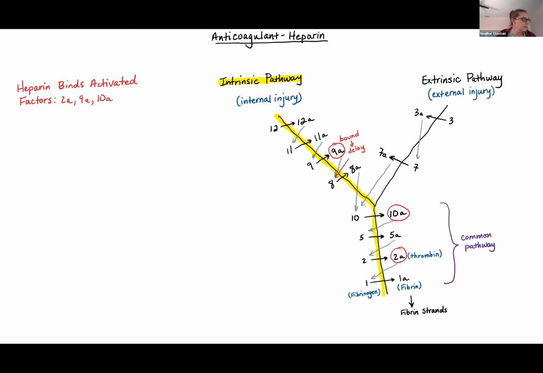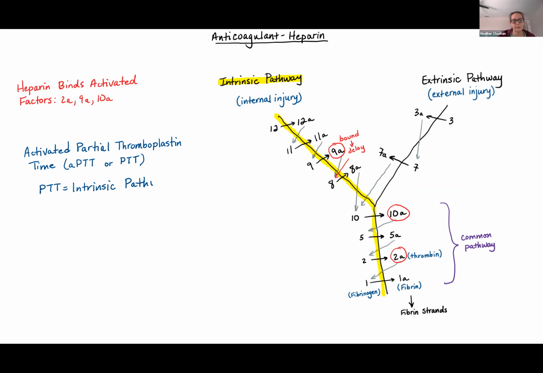So we look at activated partial thromboplastin time, which is abbreviated APTT or PTT. A PTT measures intrinsic pathway coagulation time. So since we know that heparin affects the intrinsic pathway, we will use a PTT to see how much effect heparin is having on the coagulation cascade.